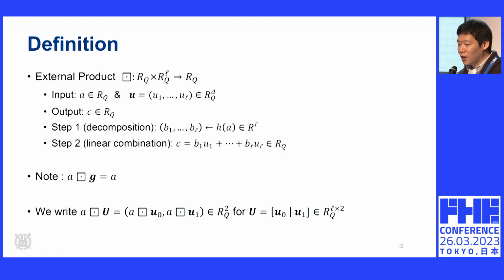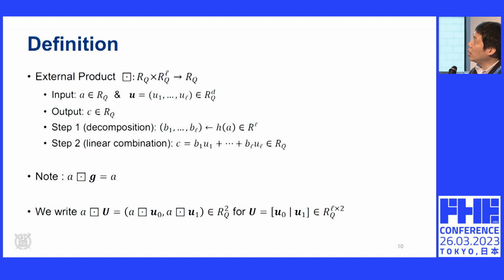Now let me quickly explain why this Gaussian decomposition is so important in HE design. Now I will define the so-called external product. The same terminology is often used to refer to the product between a Ring-LWE ciphertext and a Ring-GSW ciphertext, but here is a more general definition of external product.